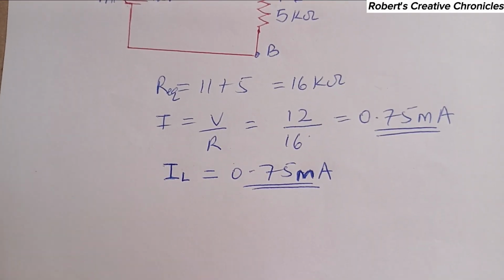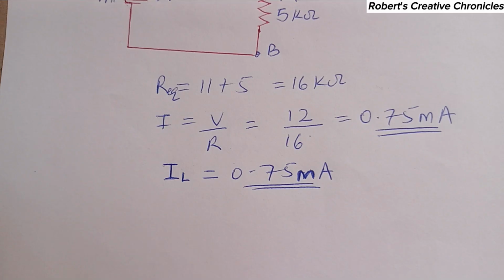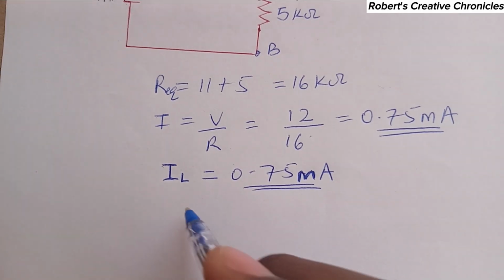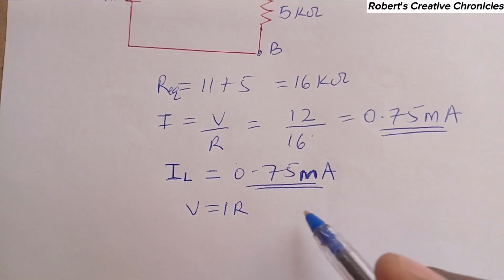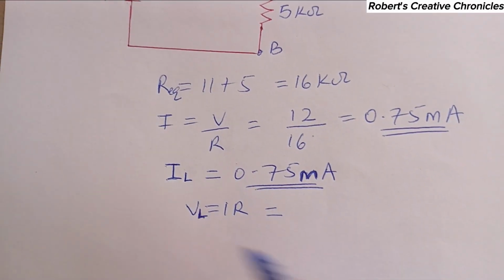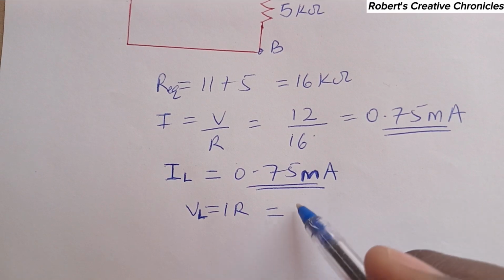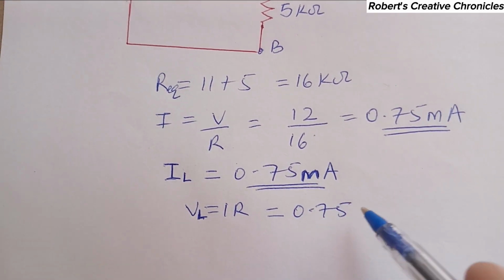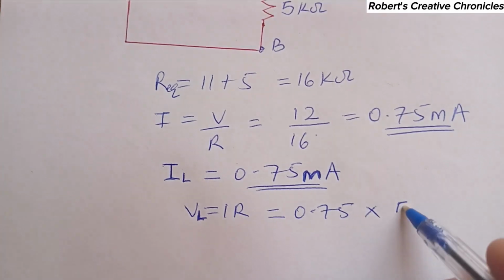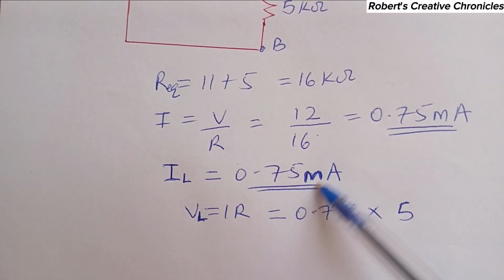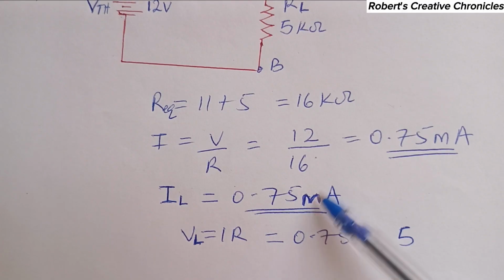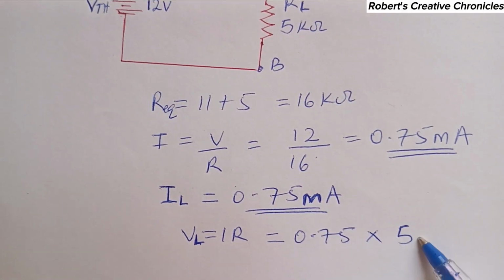Now, to find the voltage across this one, we will use V is equal to IR, Ohm's law. So we have the current, and we'll say VL, the voltage across the load. Now the current is 0.75 milli times the resistance 5 kilo. Milli times kilo is what?